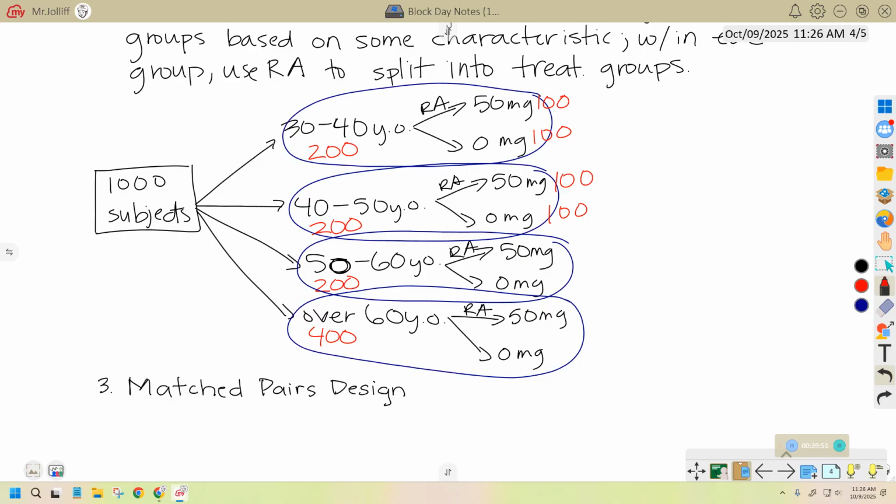For the over 60, how many people in each subgroup? 200. 400 people, half of them to the 50 milligrams, and 200 to the 0 milligrams. Words are hard.